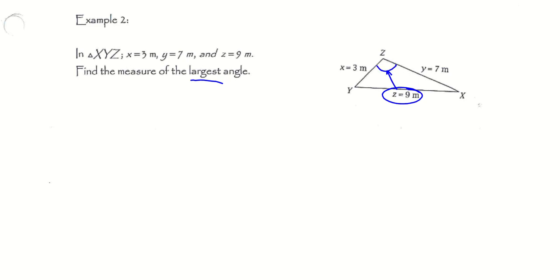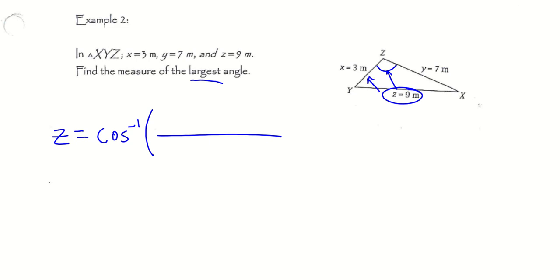So I want to find angle Z. I'm going to use the form of the law of cosines that finds an angle. That's going to be that this angle, angle Z, will be the inverse cosine of a fraction. What's going to go on the top of that fraction is the sum of the other two sides squared.